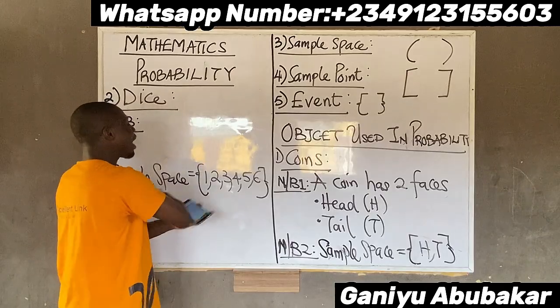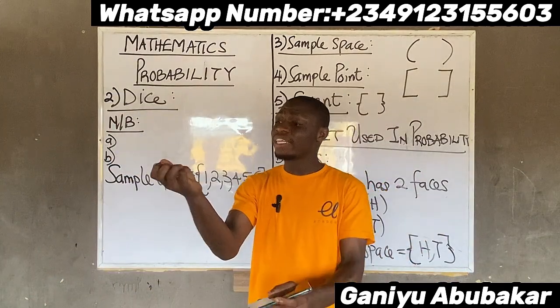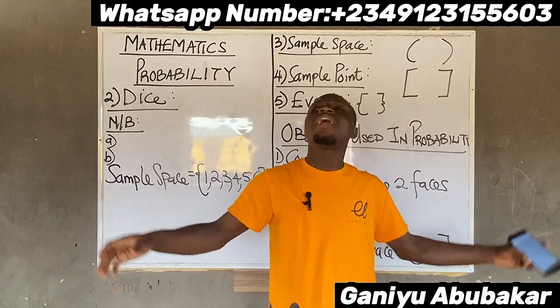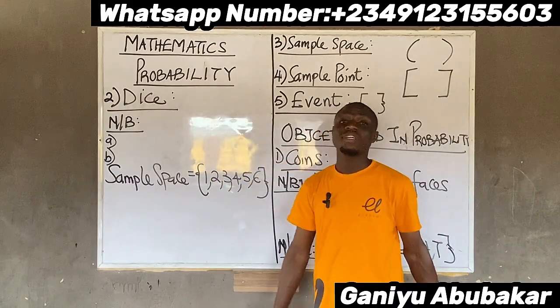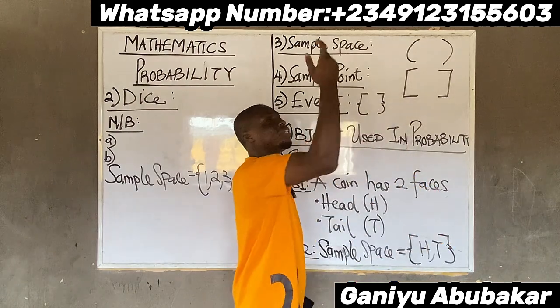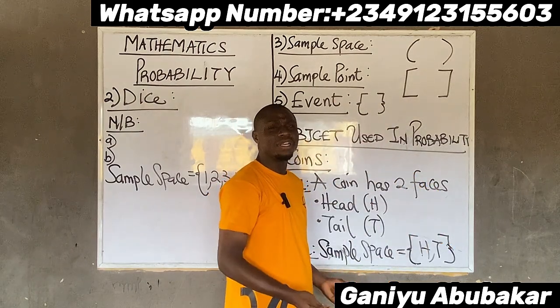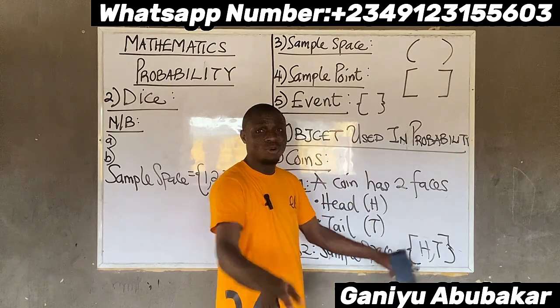So the total outcome in a dice: if I throw a dice on the floor, the highest outcome I will see is 6. Likewise, a coin has only two faces, head and tail. That's the total outcome.